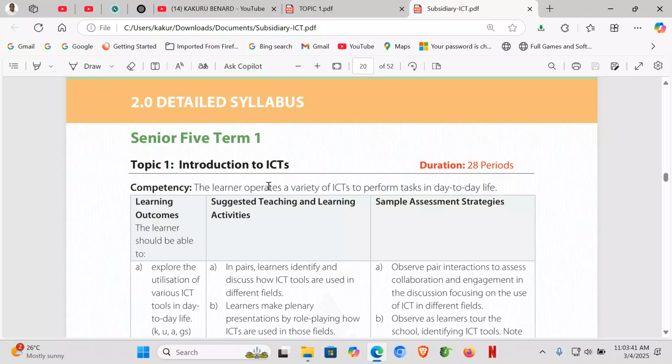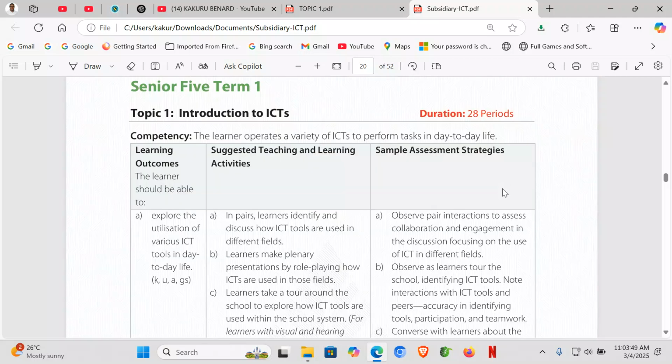The competence: the learner operates a variety of ICTs to perform tasks in day-to-day life. What is important here as you're making notes is to understand the learning outcomes. For example, the learner should be able to explore the utilization of various ICT tools in day-to-day life. That is learning outcome 1.